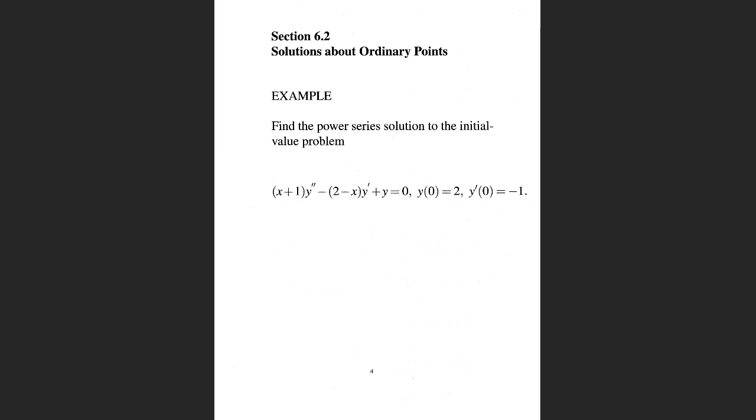Okay, let's move forward here. What we've got to do is let y equal the power series, n equals 0 to infinity of c sub n x to the n.